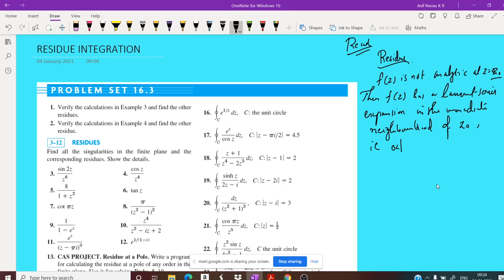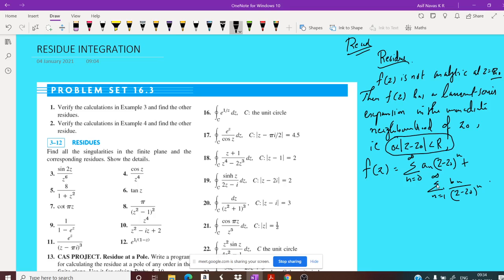That is, 0 less than mod z minus z naught less than r, of the form f of z equal to sigma n equal to 0 to infinity a n (z minus z naught) to the power n plus sigma n equal to 1 to infinity b n divided by (z minus z naught) to the power n, and this is valid in this neighborhood.